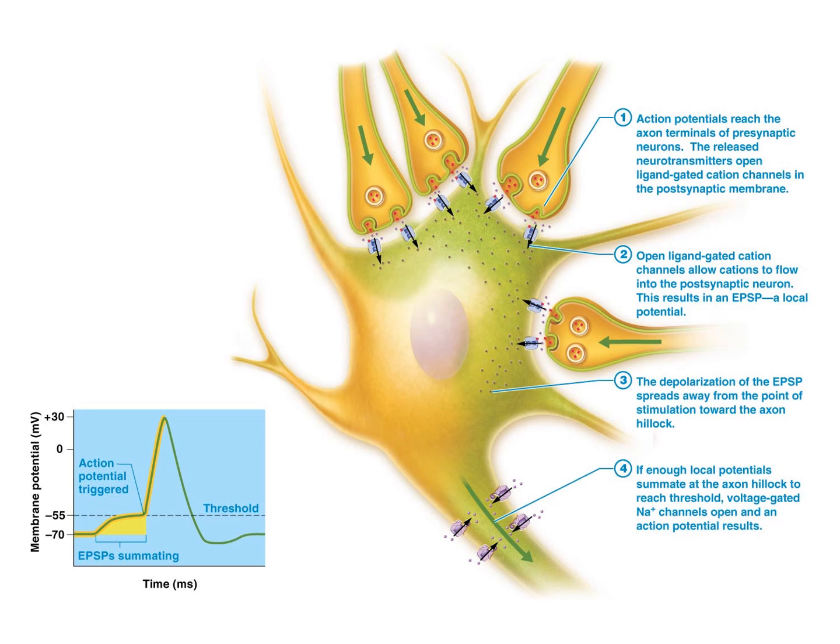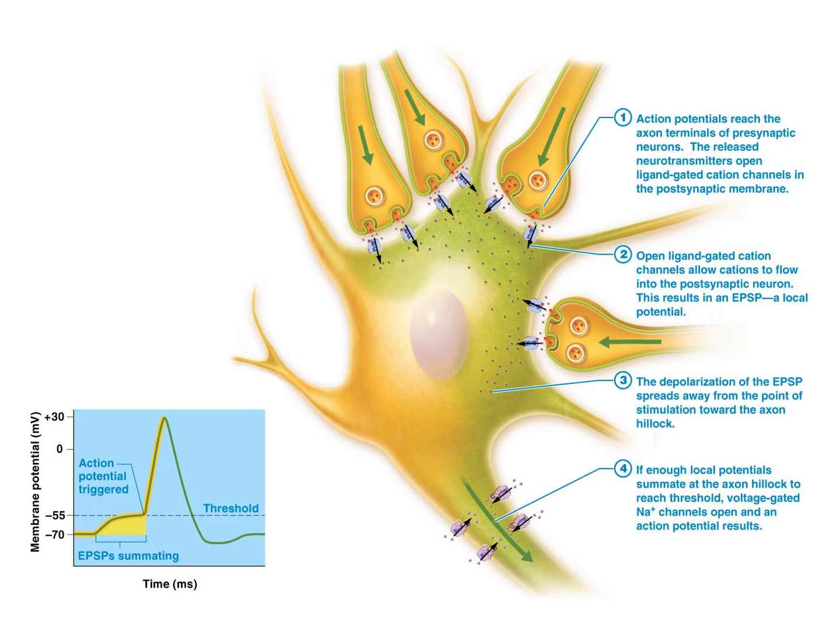Here's the axon hillock. This is where the action potential, if it's produced, will start. If enough local potentials summate at the axon hillock to reach threshold, voltage-gated sodium channels open and an action potential results. So if each of these reaches threshold, then there's no doubt that an action potential will occur.